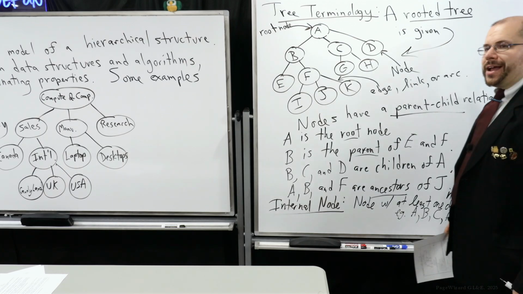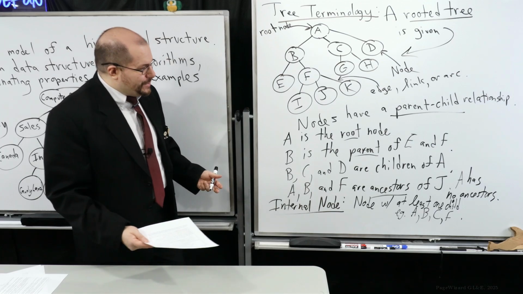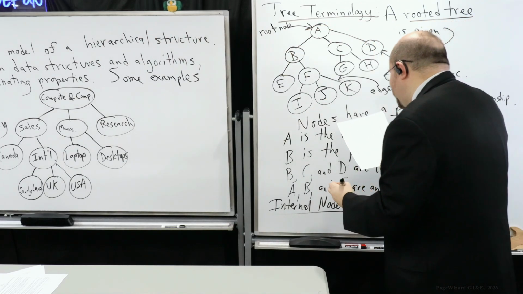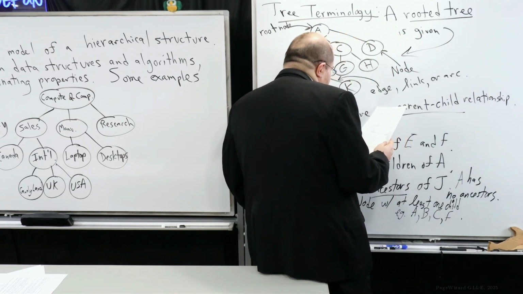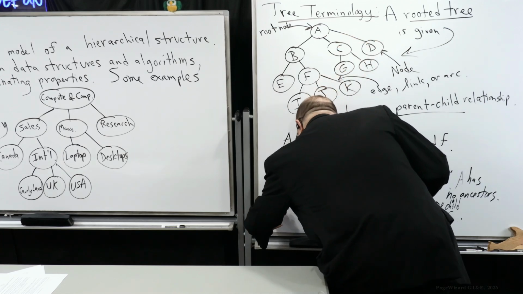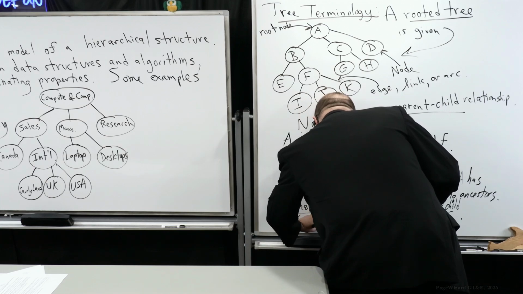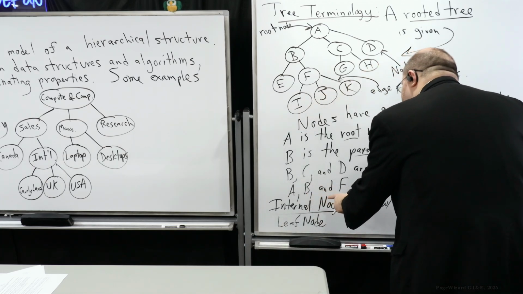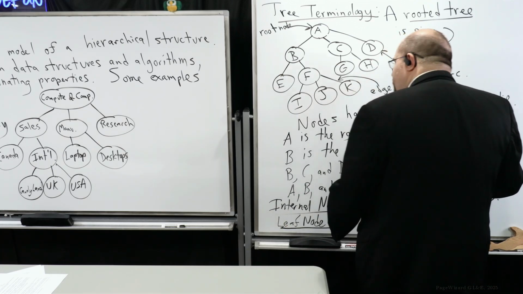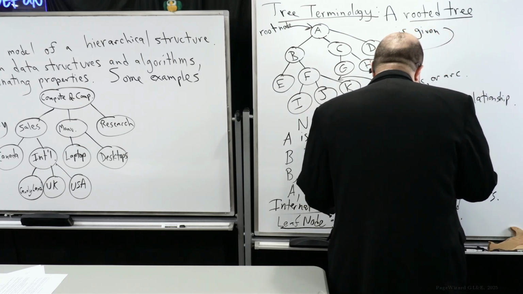So you might ask, okay, what do we call the nodes that aren't internal? Now, in the spirit of thinking about a tree outside, these are often referred to as leaf nodes, or leaves as plural, or a leaf singular. Sometimes these are called external nodes. I will not use this phrase, but if you ever wonder what an external node is, that is also a name for a leaf node, or leaf.